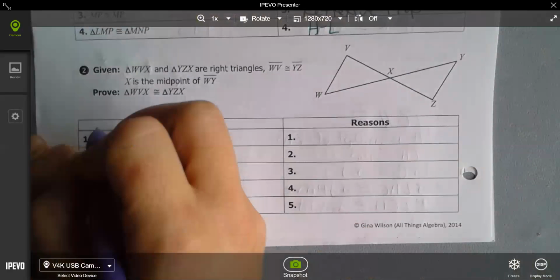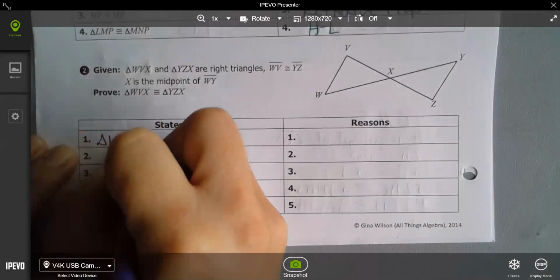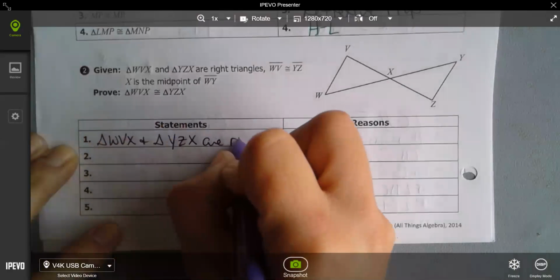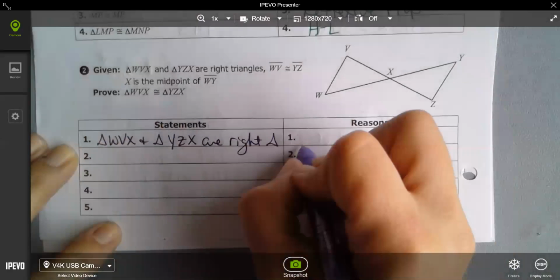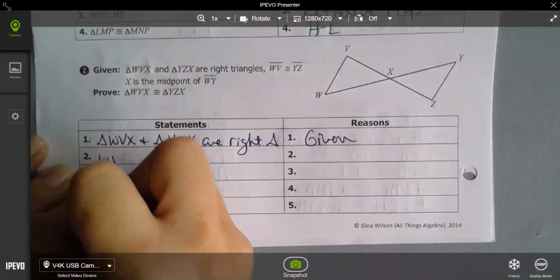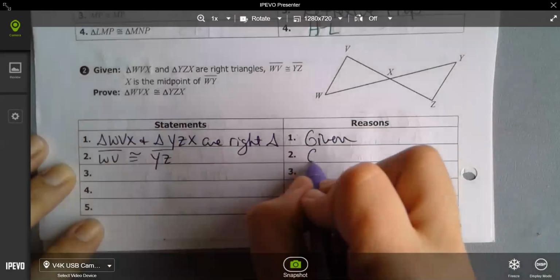Let's write in all of our givens. Triangle WVX and triangle YZX are right triangles, given. WV is congruent to YZ, given.